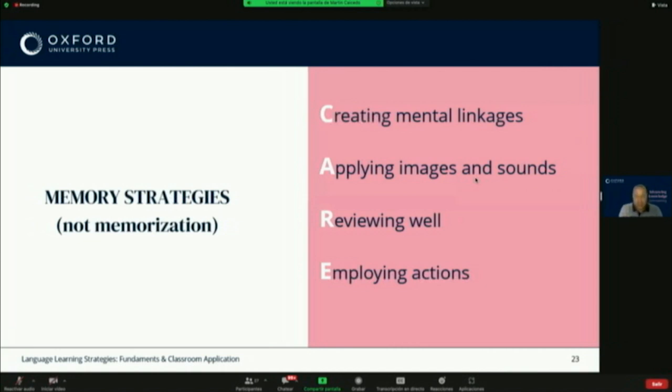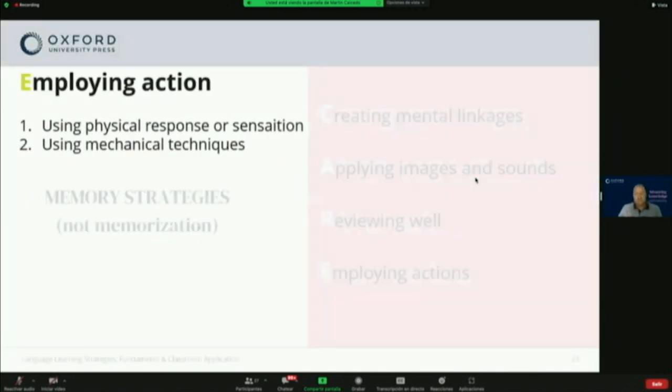We are going to be teaching our learners how to use these strategies to remember more and hence to improve their language. So remember that we're talking about direct strategies. The first one is memory strategies. The second one, the big category, is the cognitive strategies.